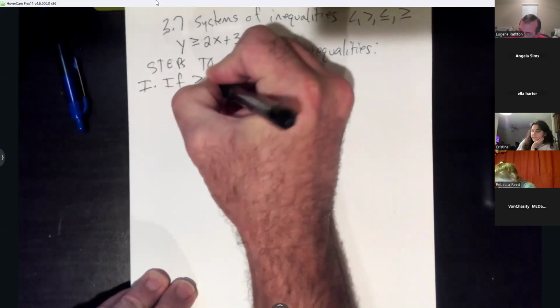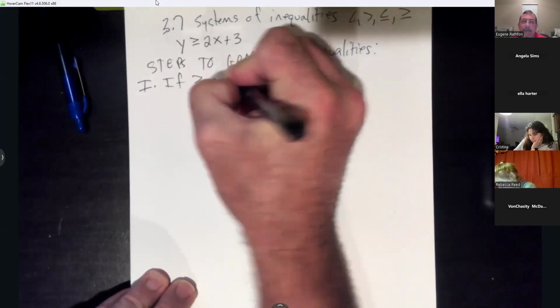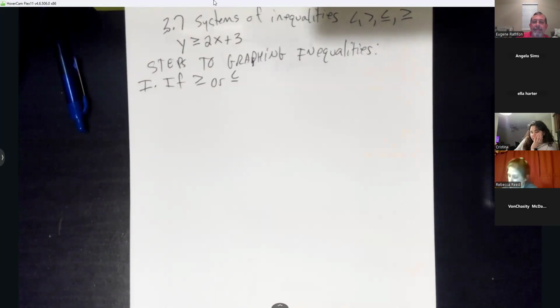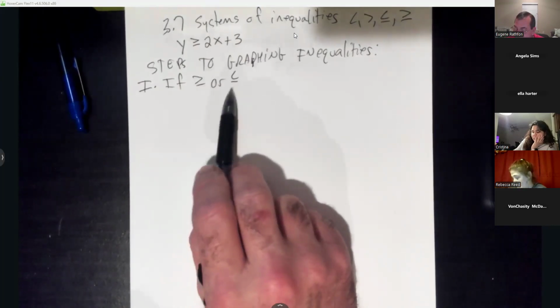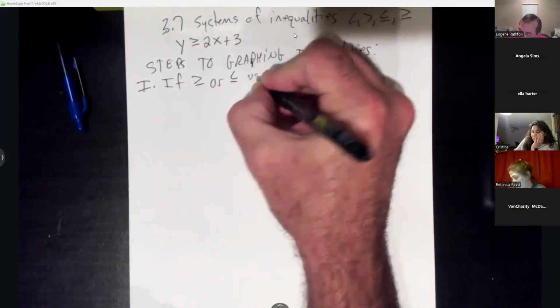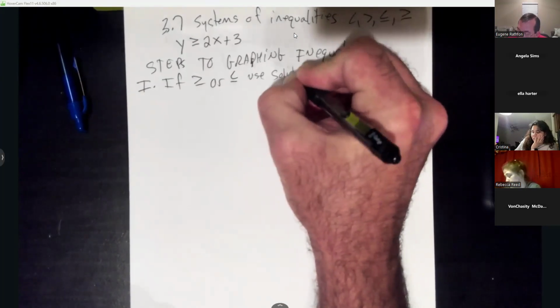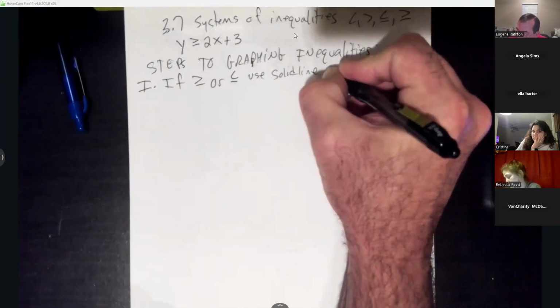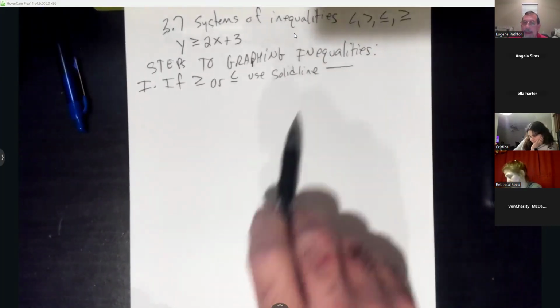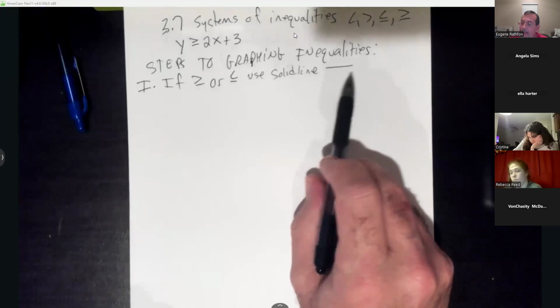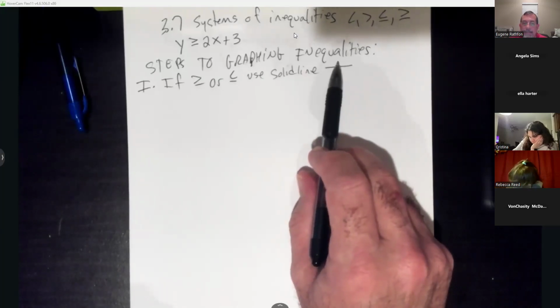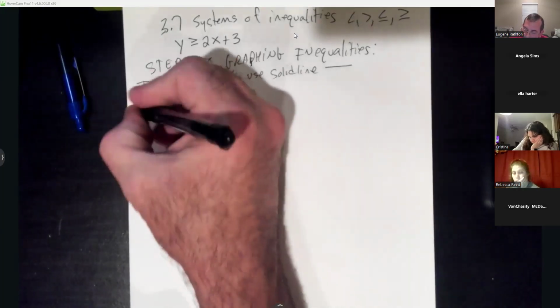If it's greater than or equal or less than or equal, so if it's got equals in it, I'm going to use a solid line. Now MATLAB, by default, is on the solid line, okay?